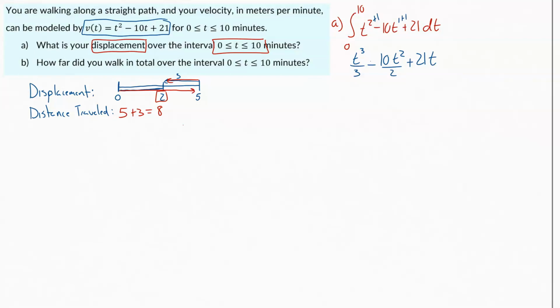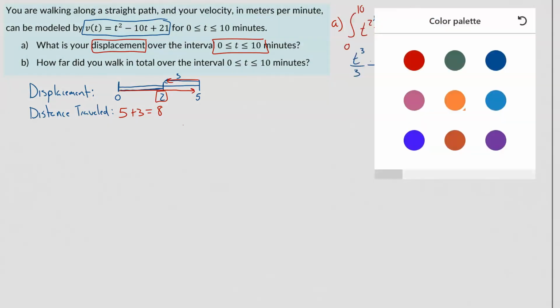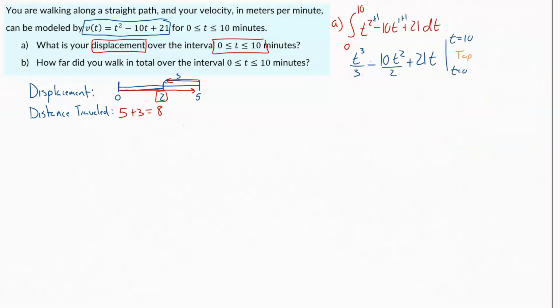Because we are doing a definite integral, we now get this evaluated from t equals 0 to t equals 10. And this is when we do the top minus bottom method. We take the top value, plug it into this equation, and then subtract off the bottom value plugged into that equation.